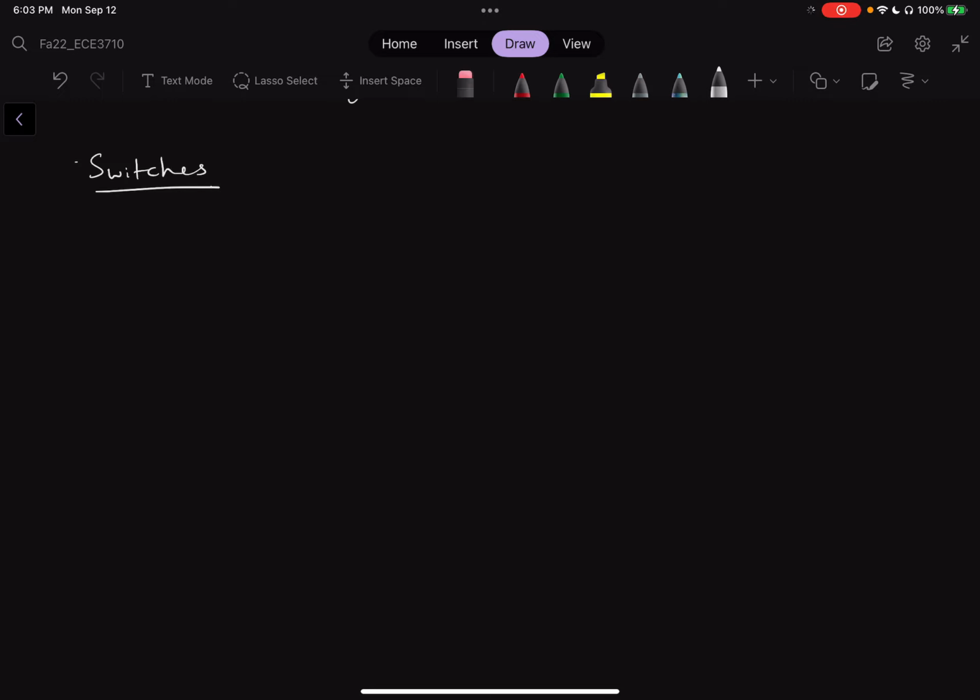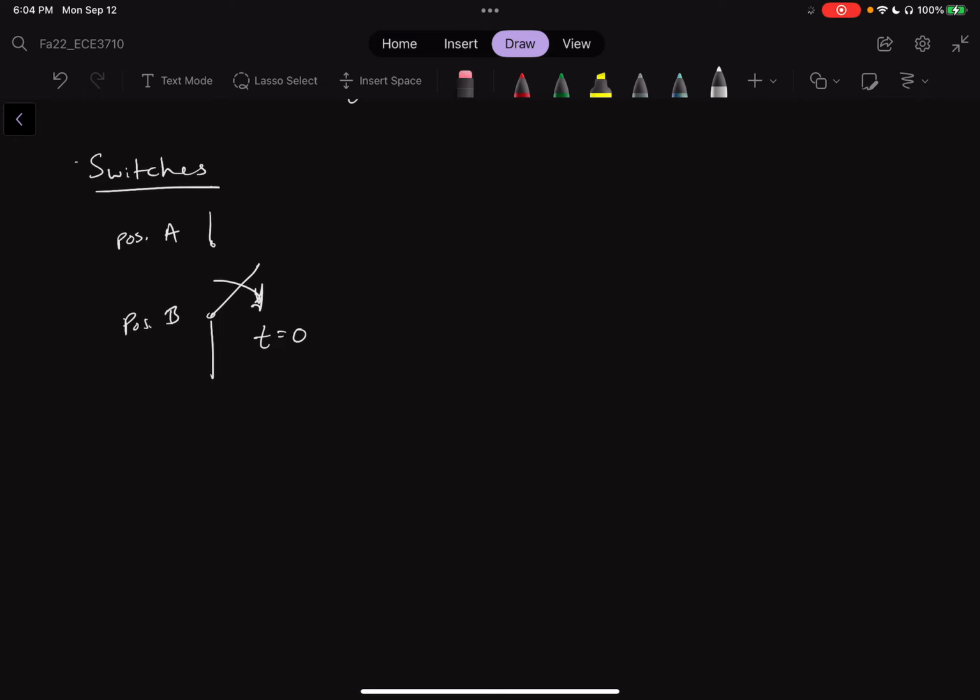A switch allows us to go from, let's say, position A to position B. And it happens at some time; in this class or notes, it's usually at time equal to 0.